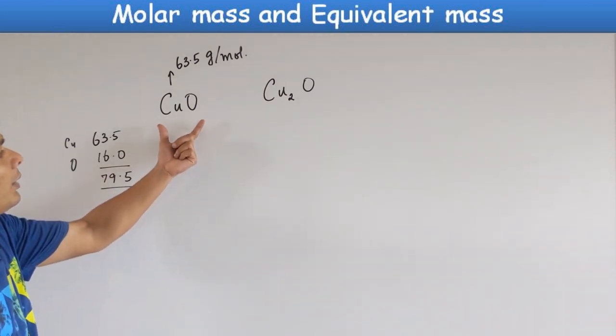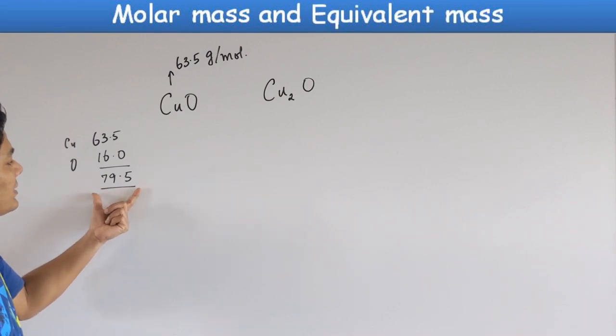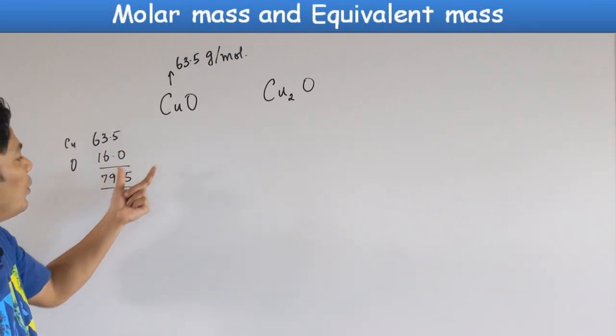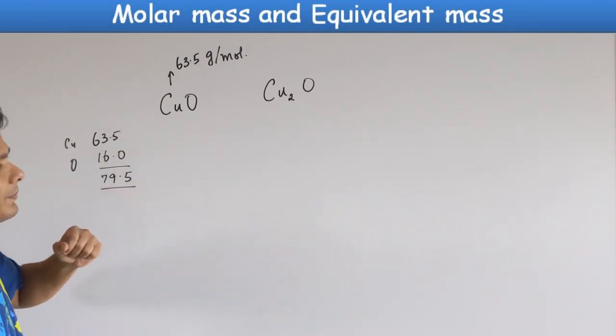You can also say this is the gram molecular mass or gram mole. So 1 gram mole of CuO will be 79.5 grams.